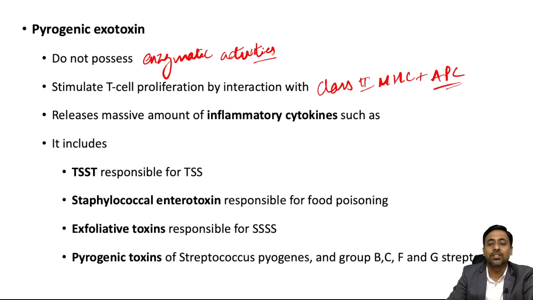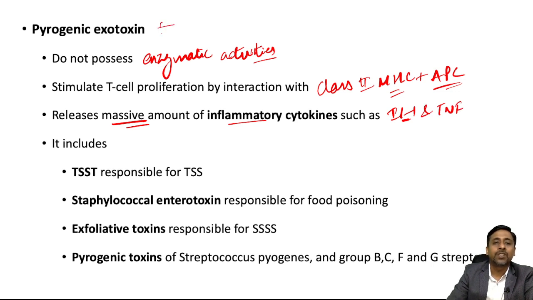And it will lead to release of a massive amount of inflammatory cytokines such as IL-1 and TNF. And thus this class of exotoxin or toxin is also known as superantigens. So these are superantigens.